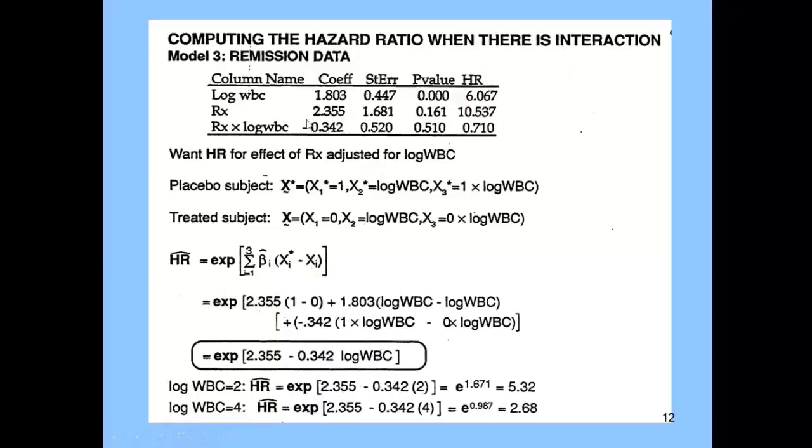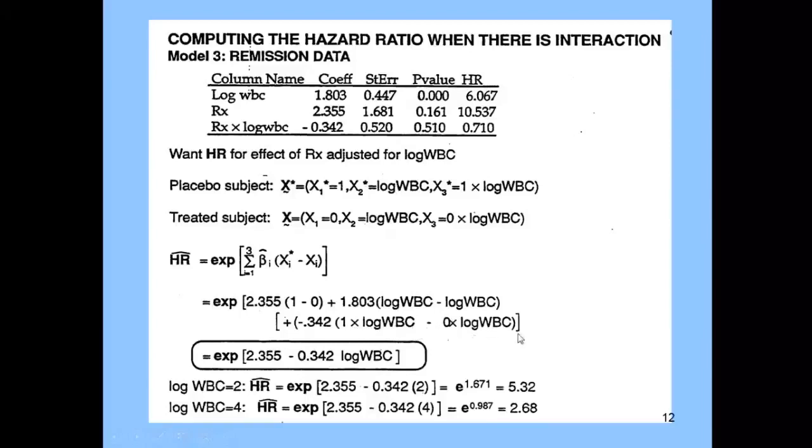So it's 2.355, the coefficient of the treatment variable, times 1 minus 0, because those are the placebo minus treatment. And then it's 1.803 times the log white blood cell count minus itself, because you're fixing that. And then it's minus 0.342 times the difference between these two terms, and one of them is the product 1 times log white blood cell count, and the other is the product 0 times log white blood cell count.